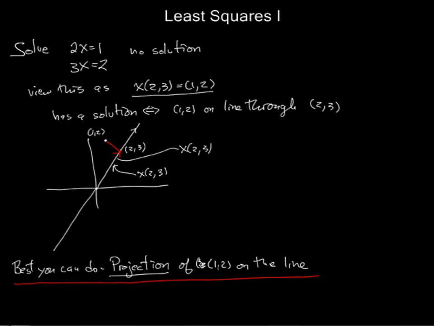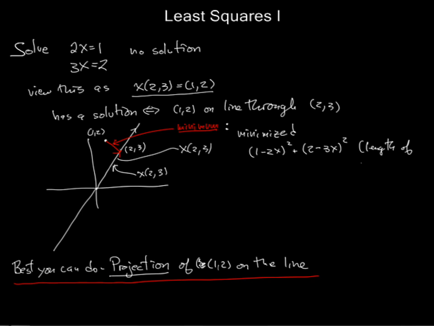So that is to say, we're looking for the vector x times (2, 3), such that this vector here has minimum length. And if you write down what it is we want to minimize, the length of this vector is (1 minus 2x) squared plus (2 minus 3x) squared.